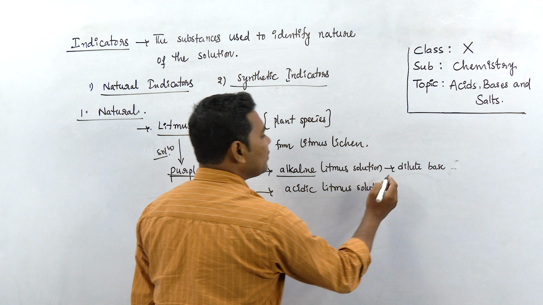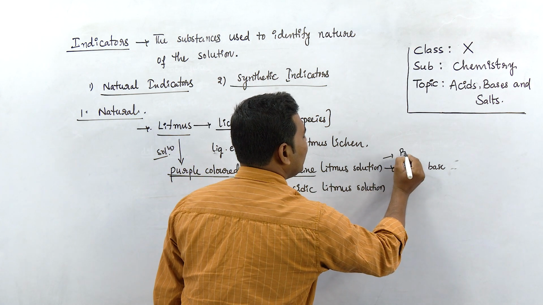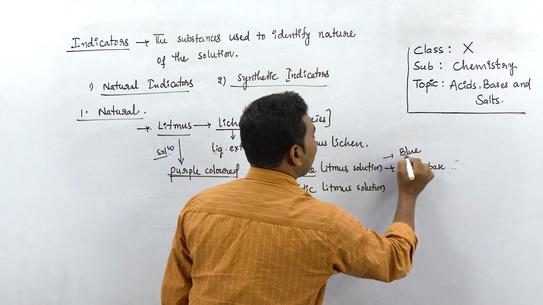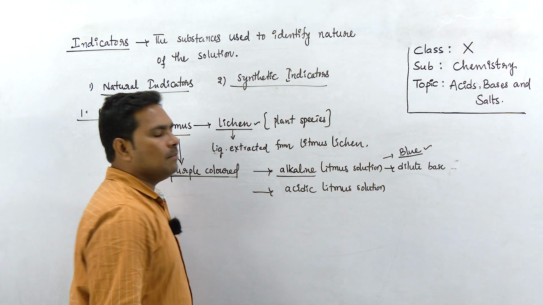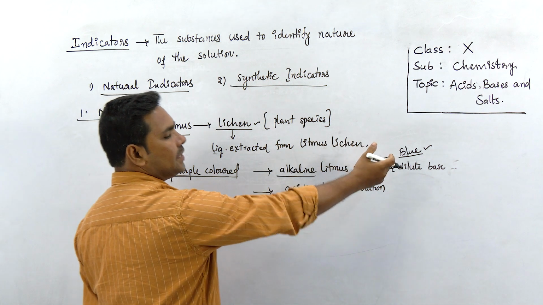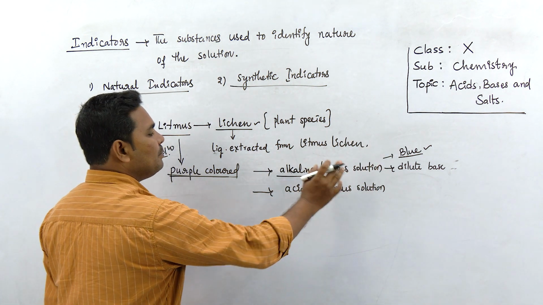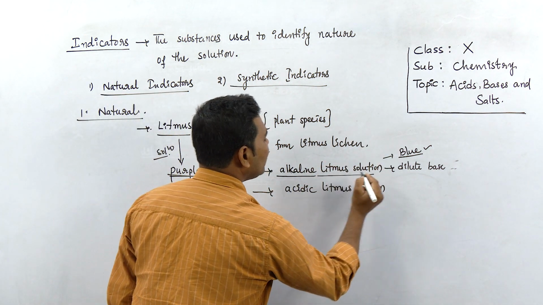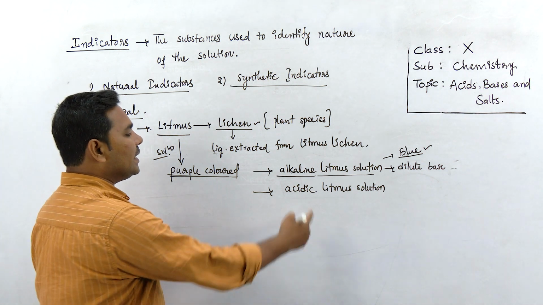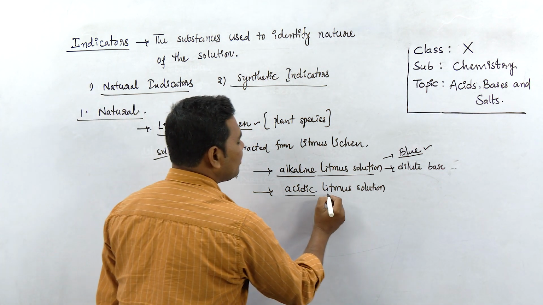This alkaline litmus solution exists in blue color. Purple colored litmus turns to blue color, and this blue litmus is also an alkaline litmus solution.